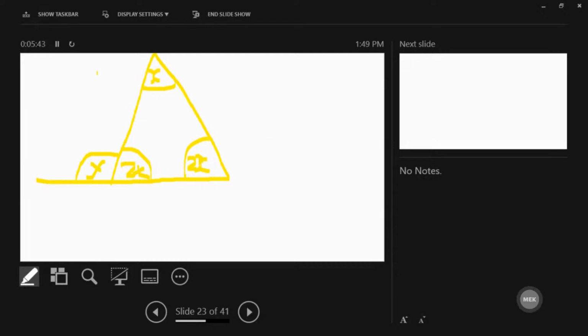Yes, that's 2x in the corner. So the top angle is x. The two bottom angles are 2x each. So question, what kind of triangle is it? And second question, how are we going to approach the question? How do we find the missing angles?